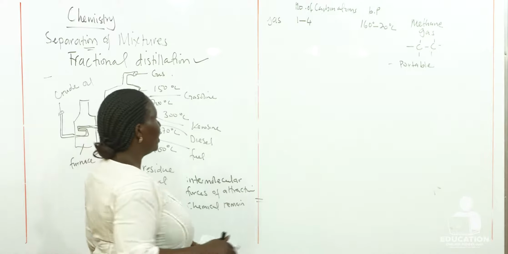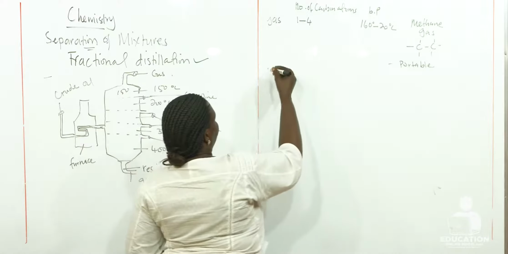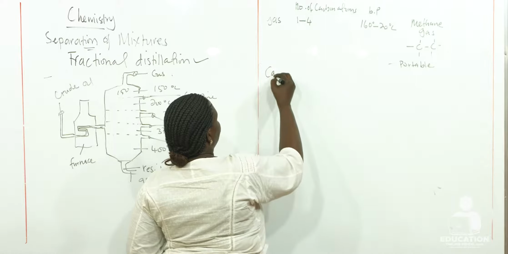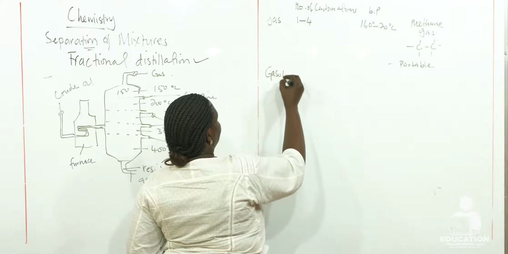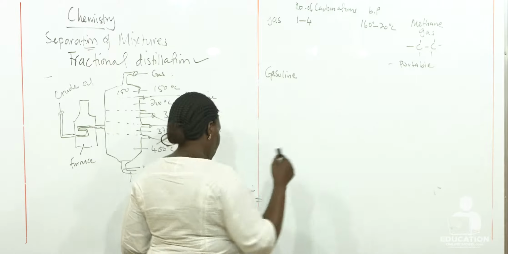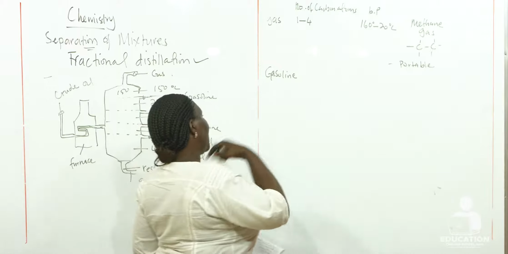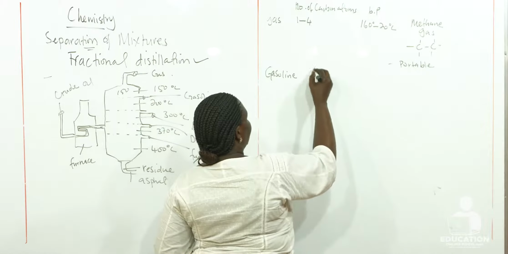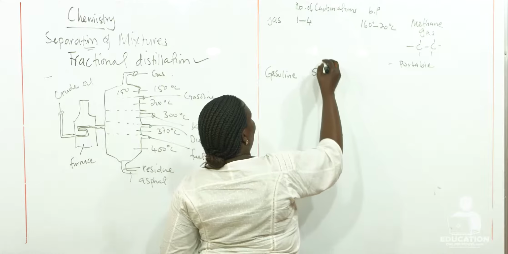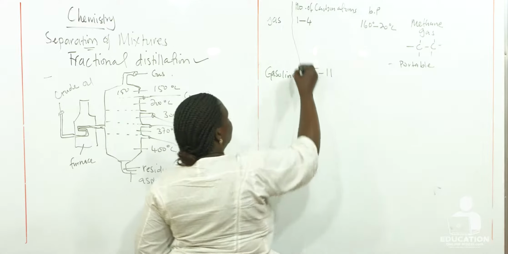Then we have gasoline. This one has at least 5 to 11 carbon atoms.